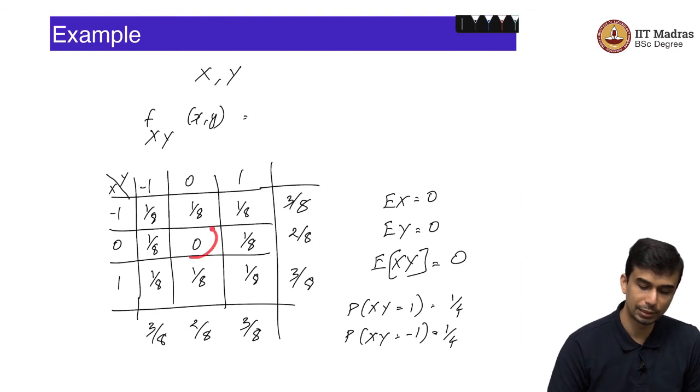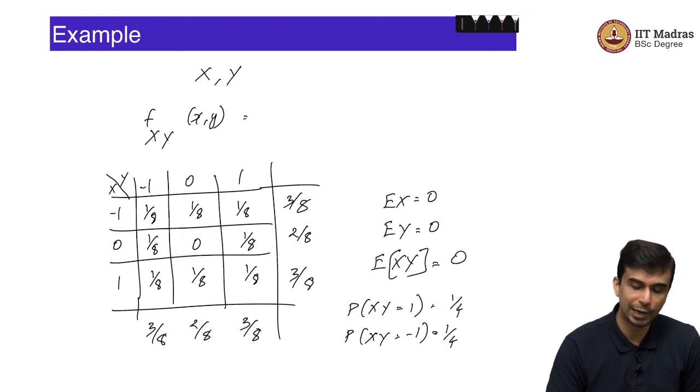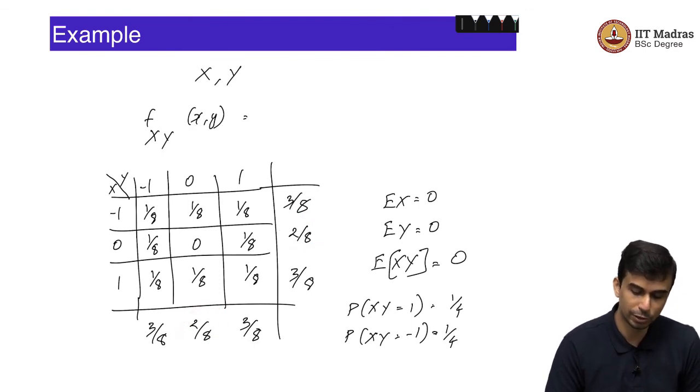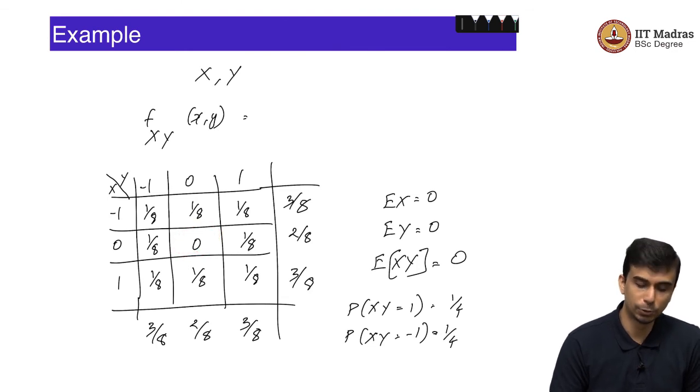So this is clearly an uncorrelated pair of random variables. But are they independent? You can clearly see they are not independent. Why is that? Because fXY(0, 0) is 0, but fX(0) and fY(0) are 2 by 8 and 2 by 8. If they were independent, you would have had 2 by 8 times 2 by 8 here and not 0.